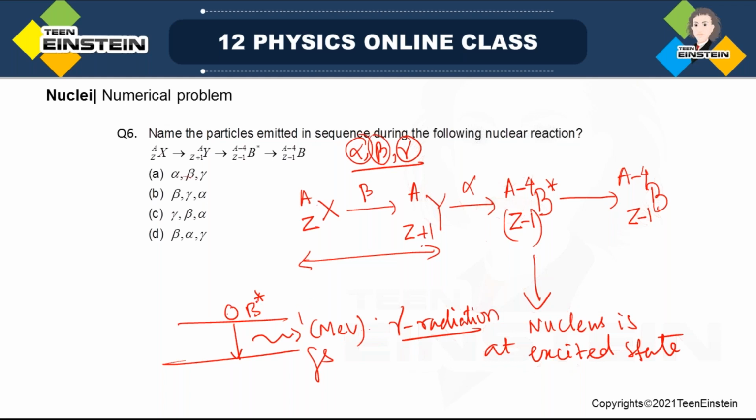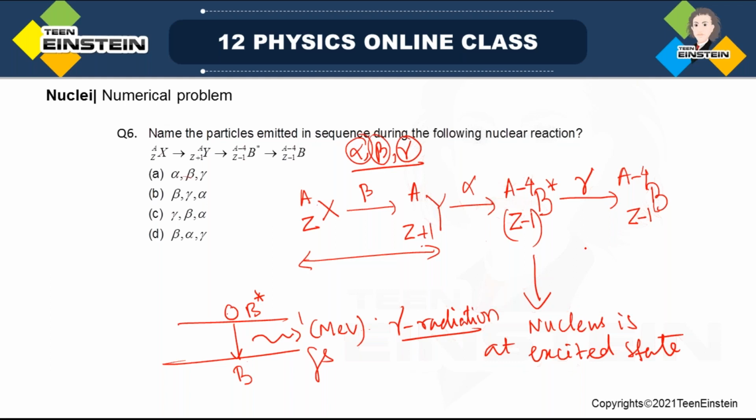So when it emits some energy in terms of gamma radiation, it comes to ground state, and this star should be removed. So the final transition is happening due to gamma decay.